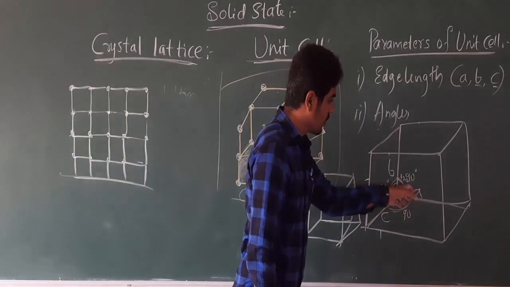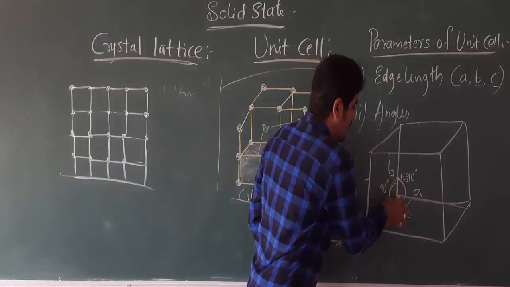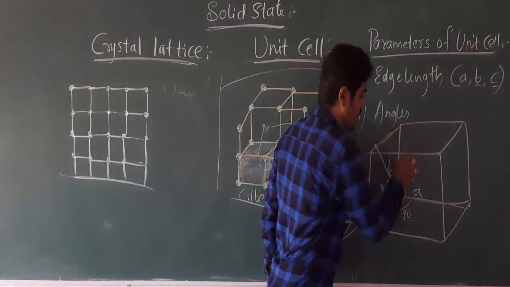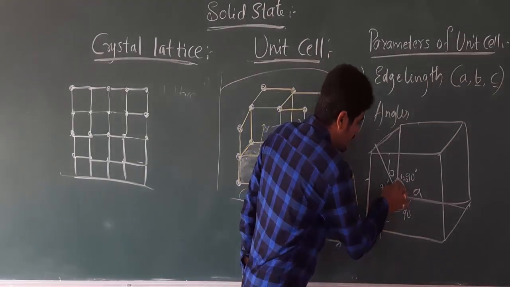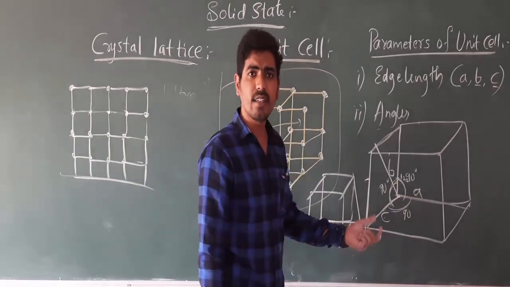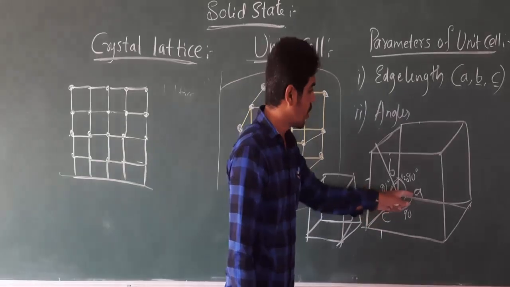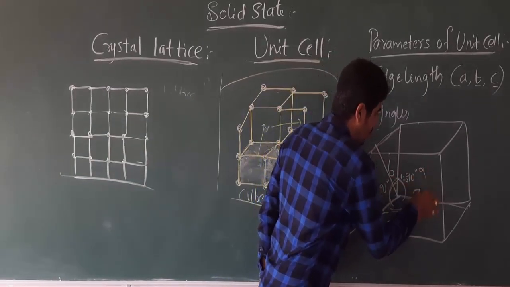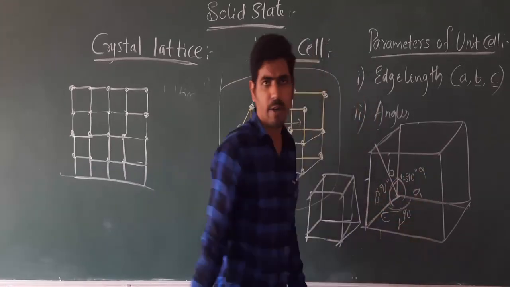If I simply change its angle to 120 degrees, the edge becomes like this. At that time, the structure of that unit cell changes. Or if I change the angle between B and C or C and A, then also the structure of the unit cell changes. Here, call the angle between A and B as alpha, B and C as beta, and C and A as gamma.